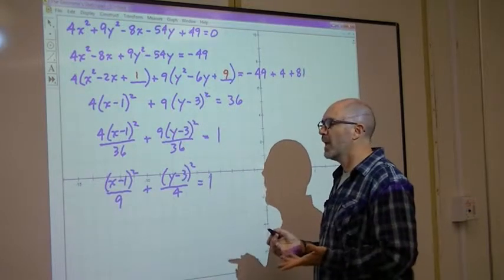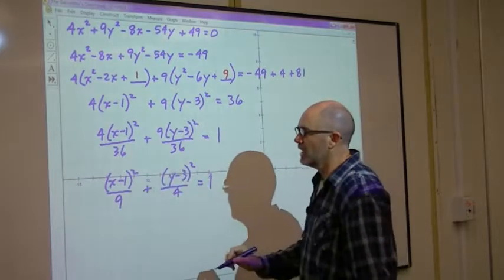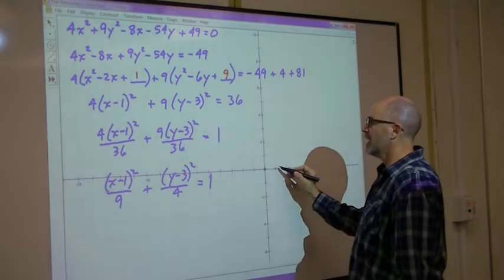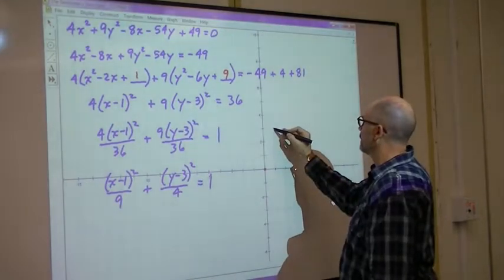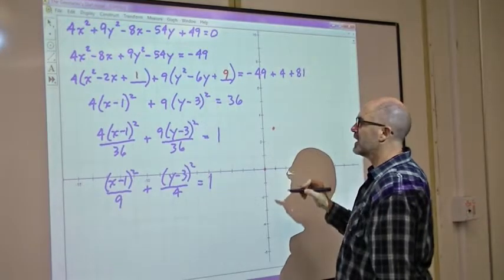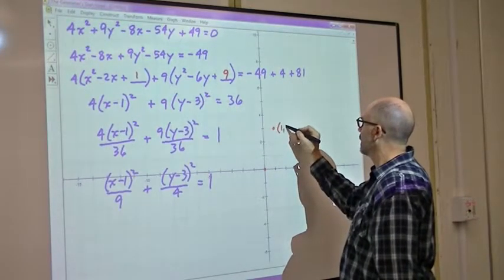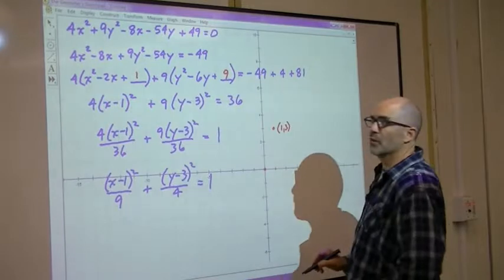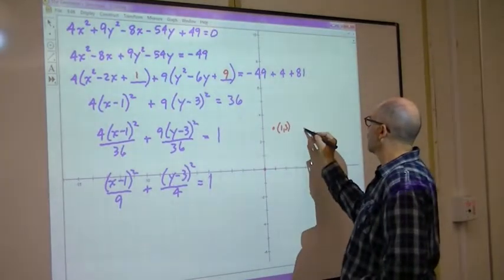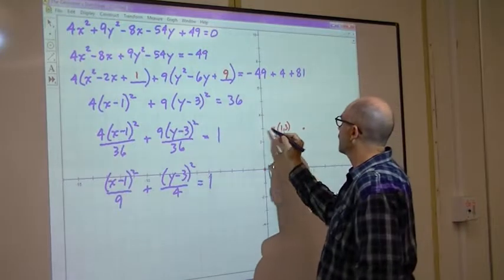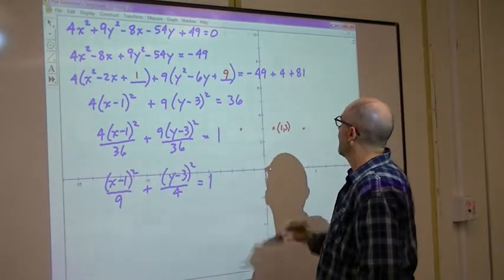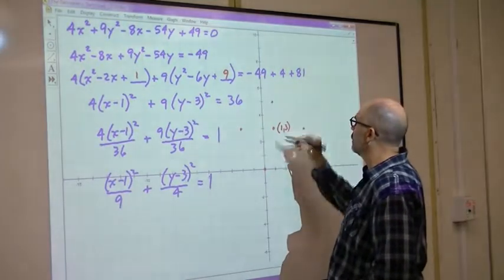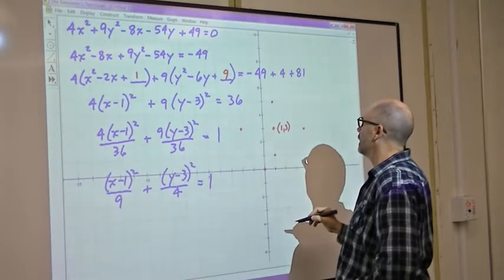Okay, now what do we have? We have h is 1. That means the center is 1 right. Then k is 3, so the center is 3 up. So there's my center at 1, 3. Now, I know a is square root of 9, so that means I go right 3 and left 3. And then b is square root of 4, which is 2, so I go up 2 and down 2.